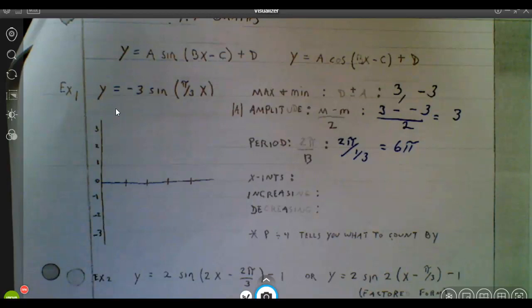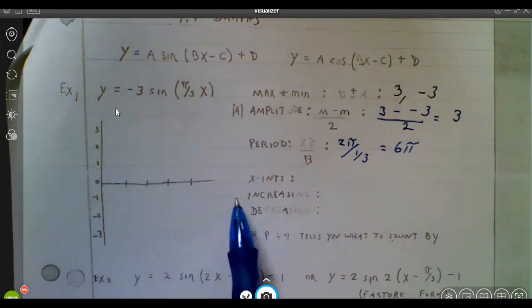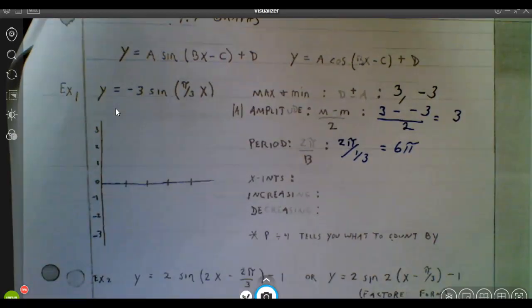This is just the way I approach doing these graphs, is I look at my period, so in this case 6 pi. I'm going to divide that by 4 in order to tell me how often I should be making marks on the graph. So remember, we talked about in the parent function, there are 5 key points to any one graph when you do a full period.